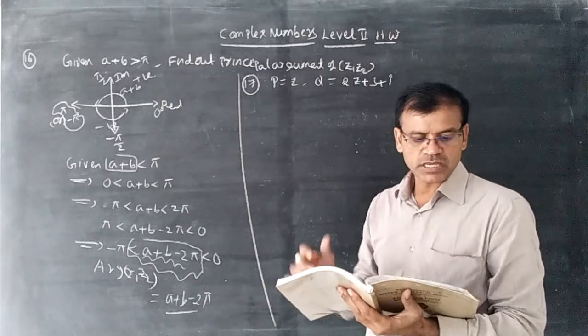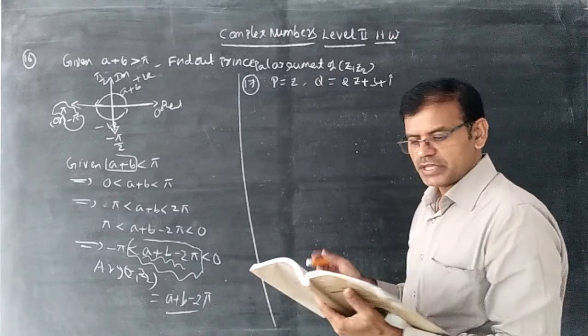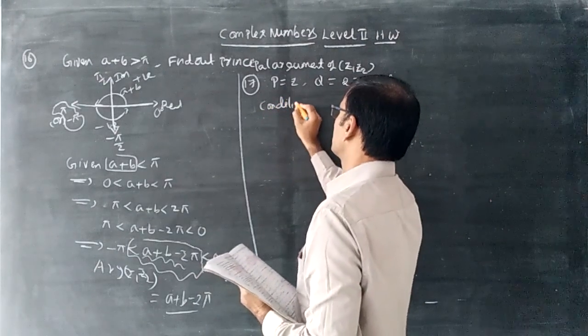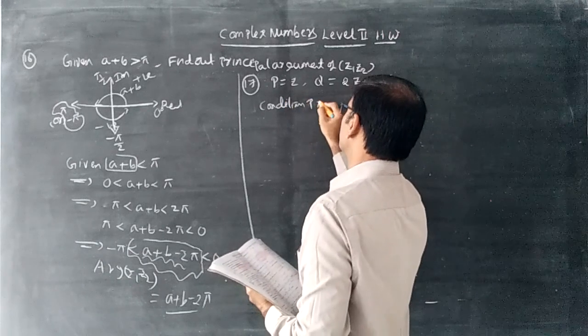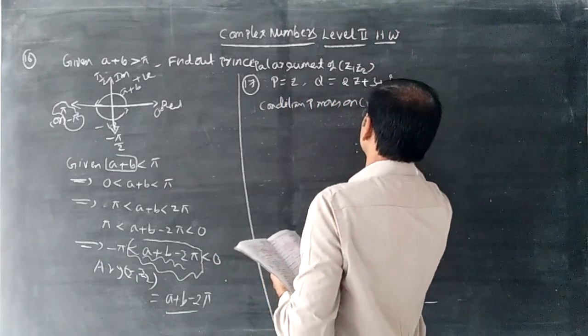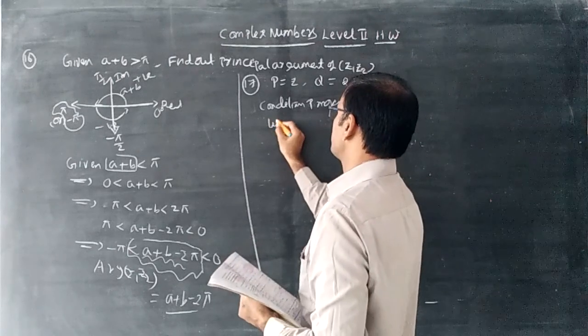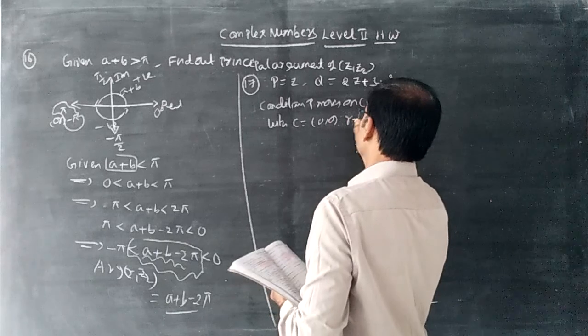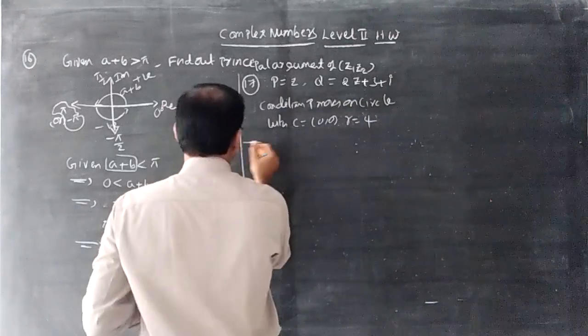P moves on a circle with center at the origin and radius 4. That is the condition. P moves on a circle with center C equal to 0, 0 and R equal to 4.